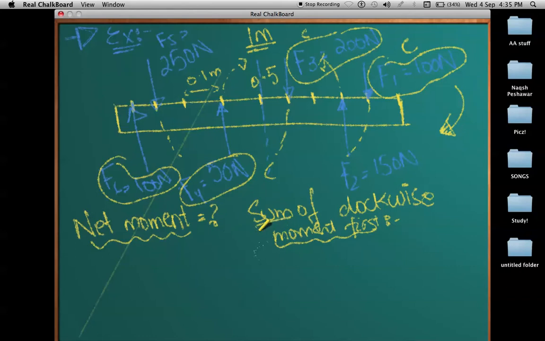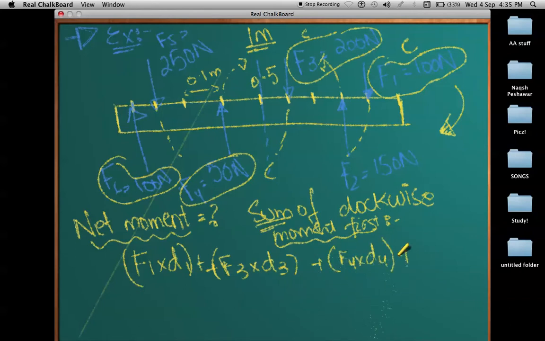So remember that this is the sum of clockwise moments. Each block is 0.1. So let's start. This would be F1 times D1 plus F3 times D3. Always you can use brackets because they make things very convenient. This is F4 times D4 plus F6 times D6.